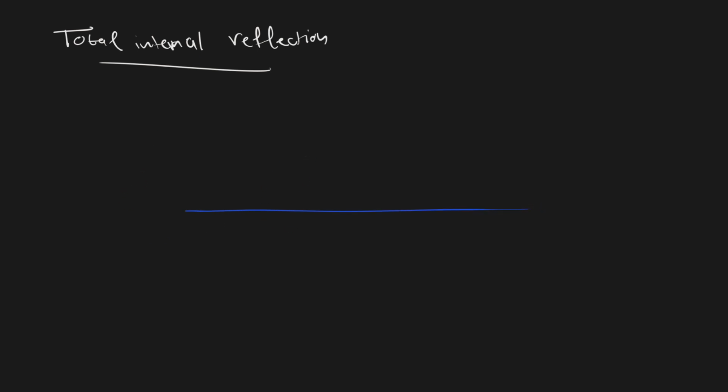So let's talk about this very nice, very interesting phenomenon called total internal reflection. It happens only when we have light that is going from the water medium to the air medium. So if we have a boundary here and we have a beam of light that is going from this part here, which is water, and this is air.